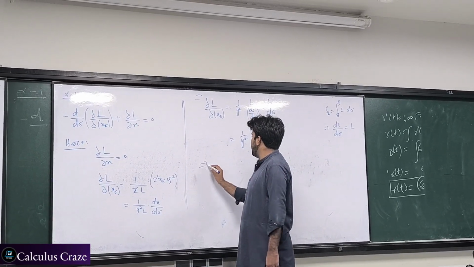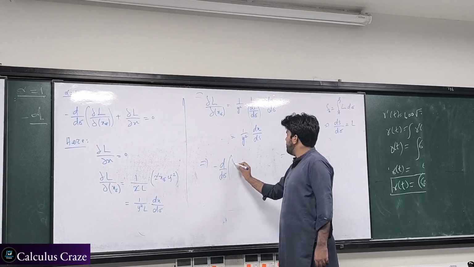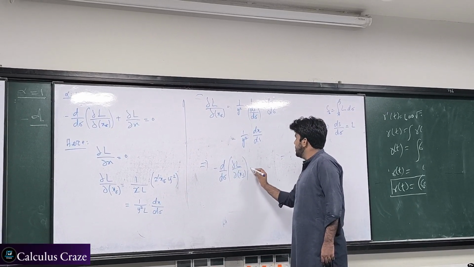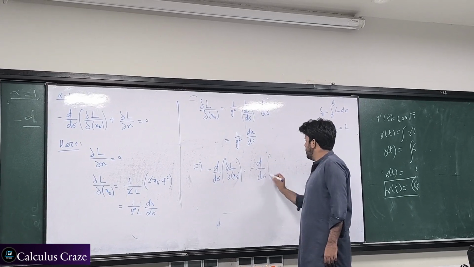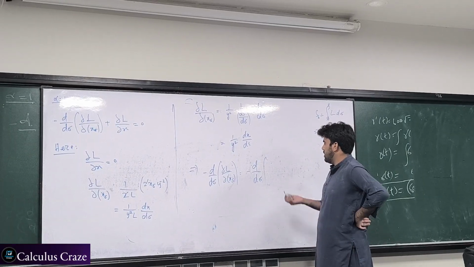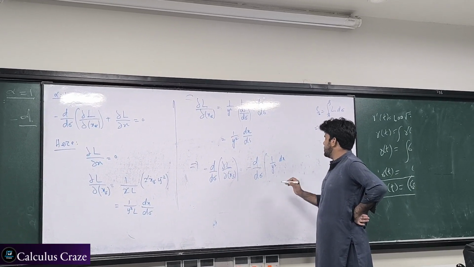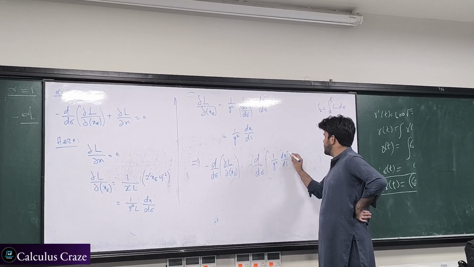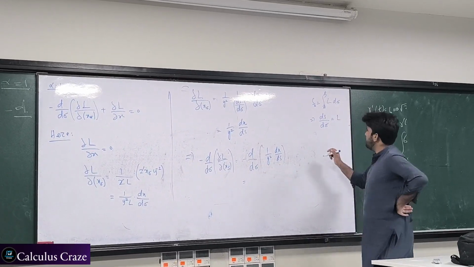Then this implies minus d by d sigma of partial L by partial x sigma equals minus the derivative with respect to sigma of 1 over y squared times the derivative of x with respect to s. You can play with this from here.